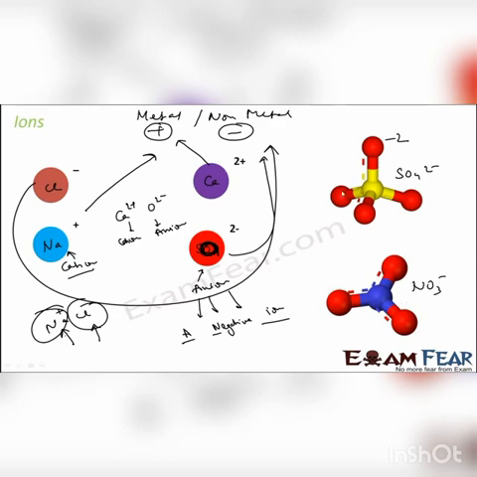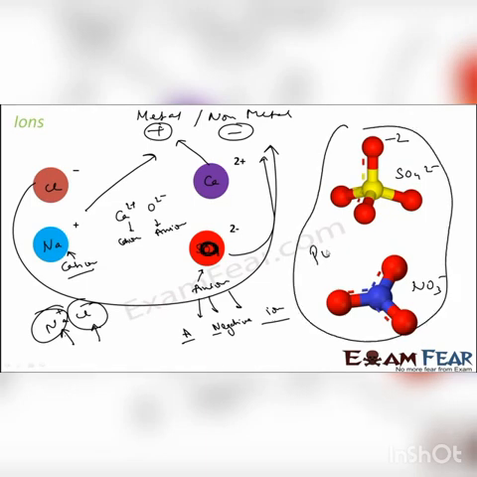So these are all examples of an ion. So an ion need not be a single charged atom. It can be a group of atoms with net charge. It has to have net charge. And these are called polyatomic ions. There's a term for this: polyatomic ions.